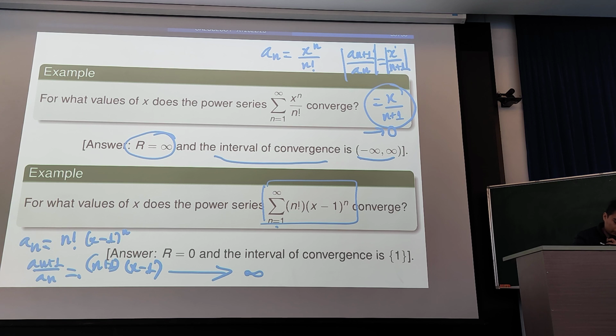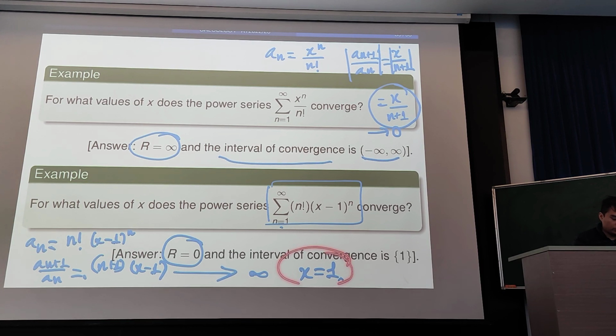That means the radius of convergence is 0, and this series converges for only one point, x equal to 1. Sorry, I should include the information that when x is not equal to 1, this limit is always equal to infinity.